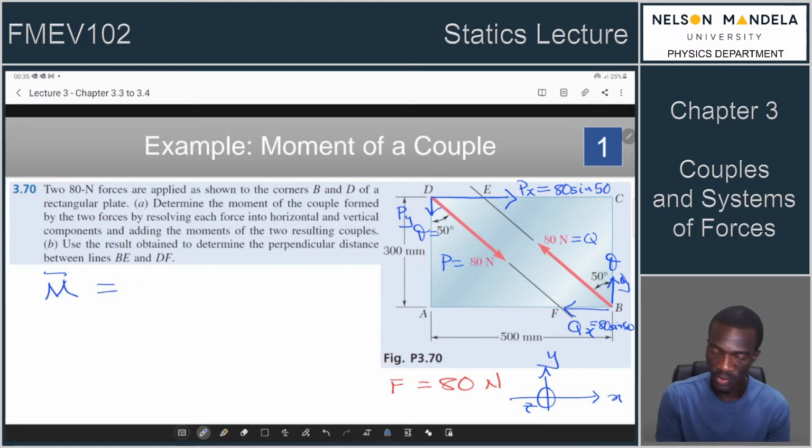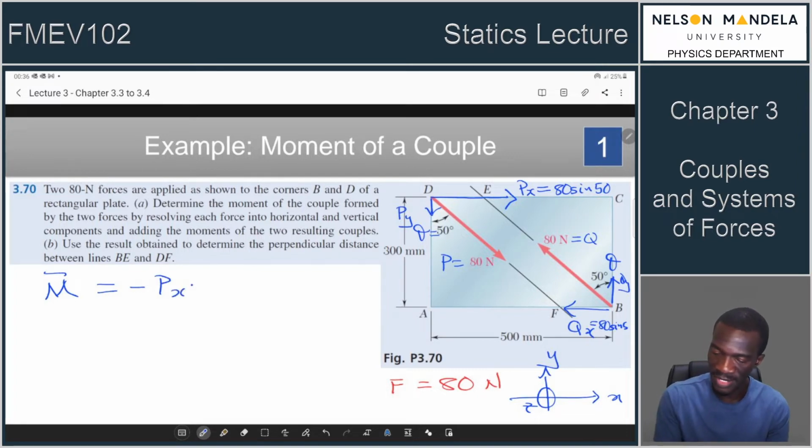So by virtue of them having the same magnitude, your total moment can therefore be the horizontal moment generated by, the clockwise moment generated by the force Px. That clockwise, we can write it as minus k, right? So that would be Px multiplied by what distance?